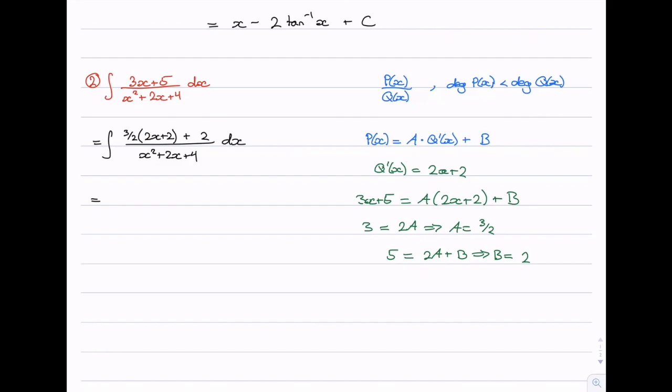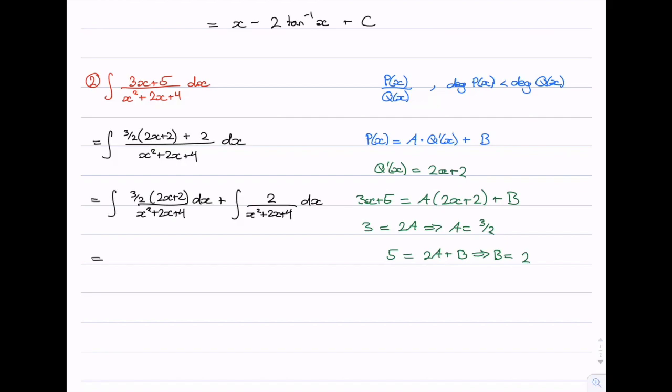We're going to make two fractions out of this one fraction here. So we have 3 on 2 times 2x plus 2 all over x squared plus 2x plus 4 dx, plus we're also splitting the fraction and at the same time splitting the integral into two integrals. So plus 2 over x squared plus 2x plus 4 dx.